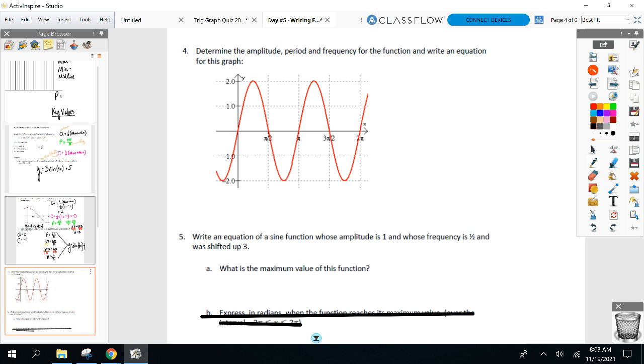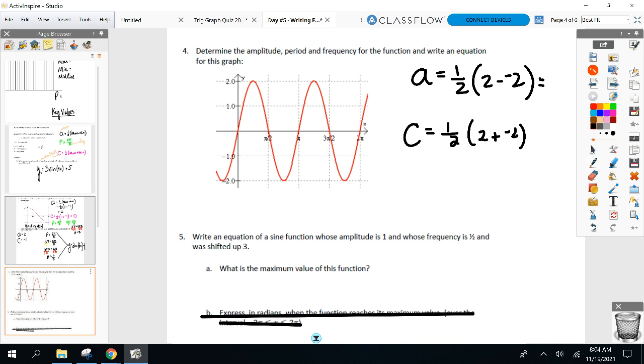So go ahead, find the A and the C before I write the equation. Use your formulas.